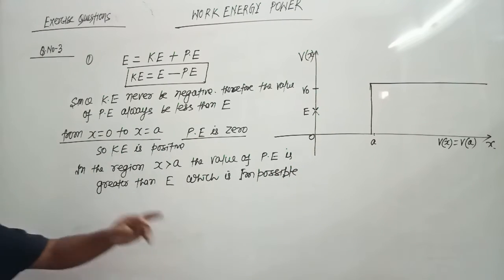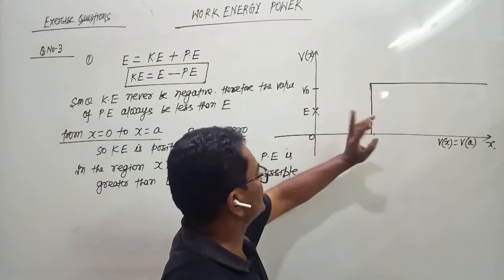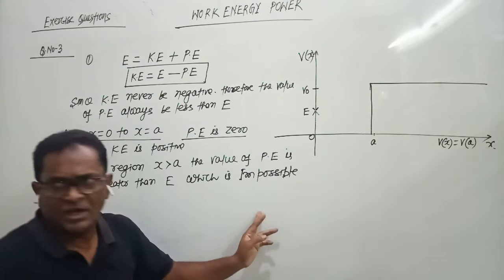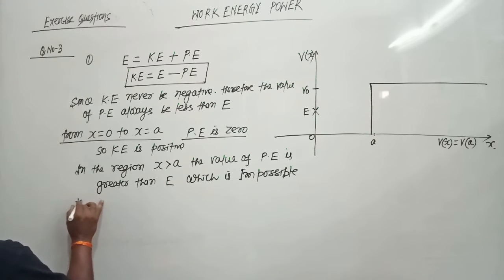In the region x greater than a, the potential energy is greater than the total energy, which is impossible. Therefore, the particle cannot exist in this region.